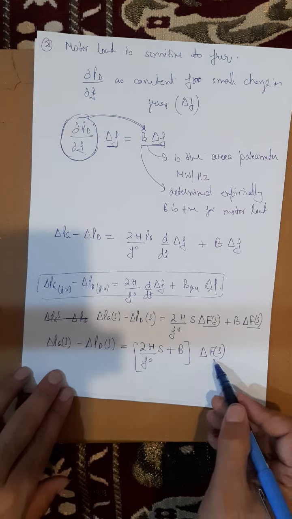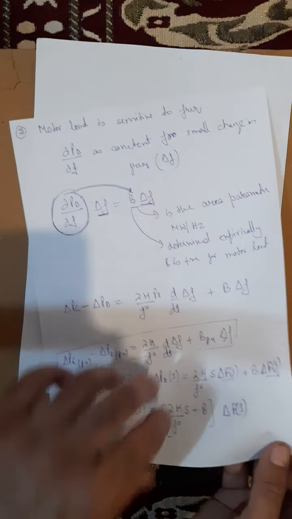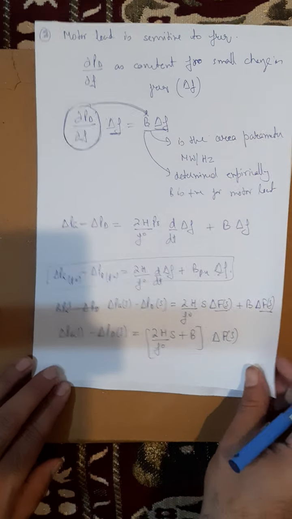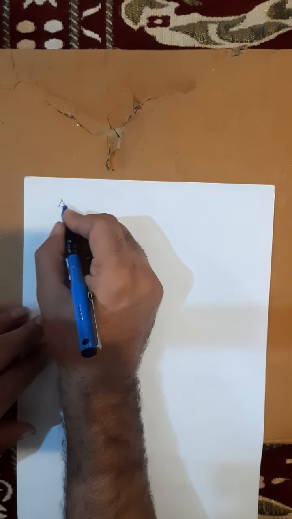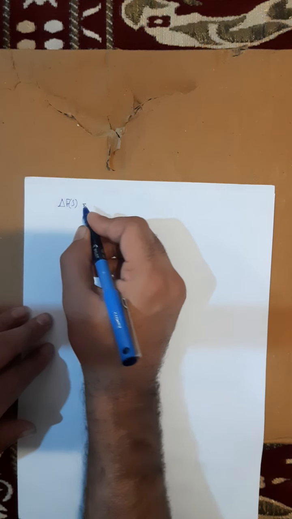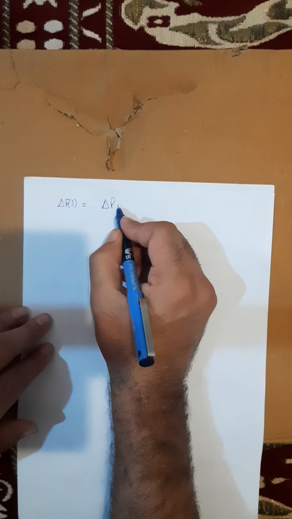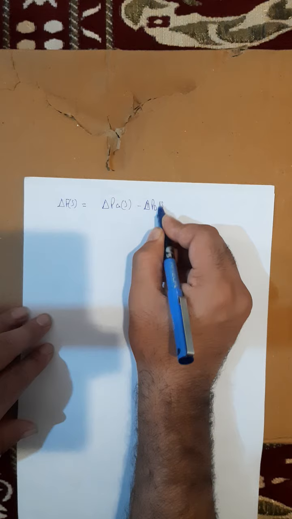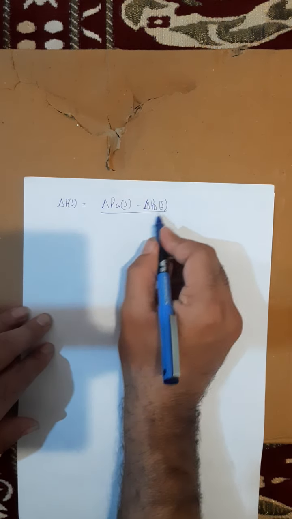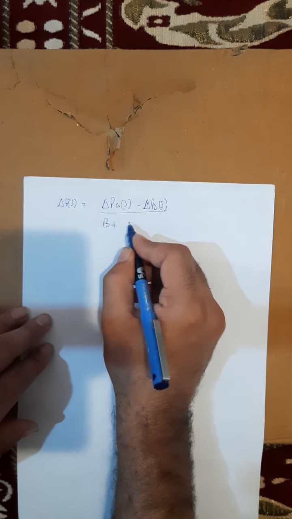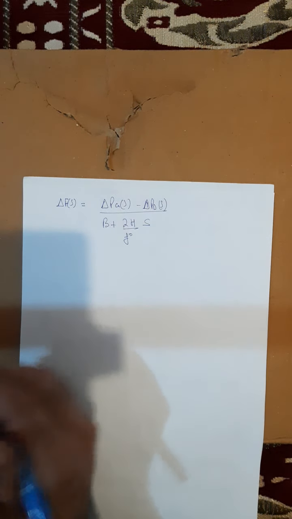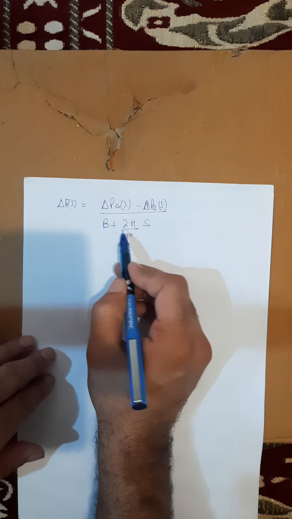So what is delta F(s) equal to? Delta F(s) will be equal to this term divided by this: delta Pg(s) minus delta Pd(s), whole divided by beta plus twice H upon F naught into S. Now take beta common in the denominator.